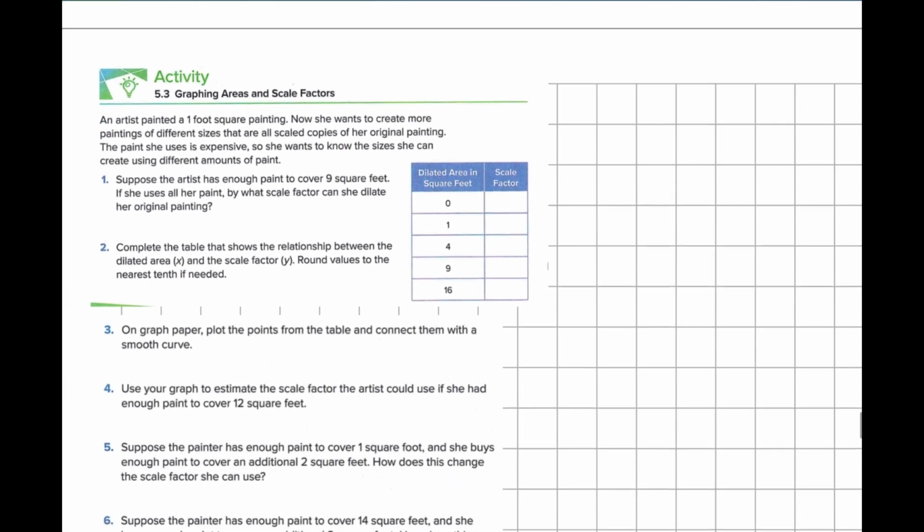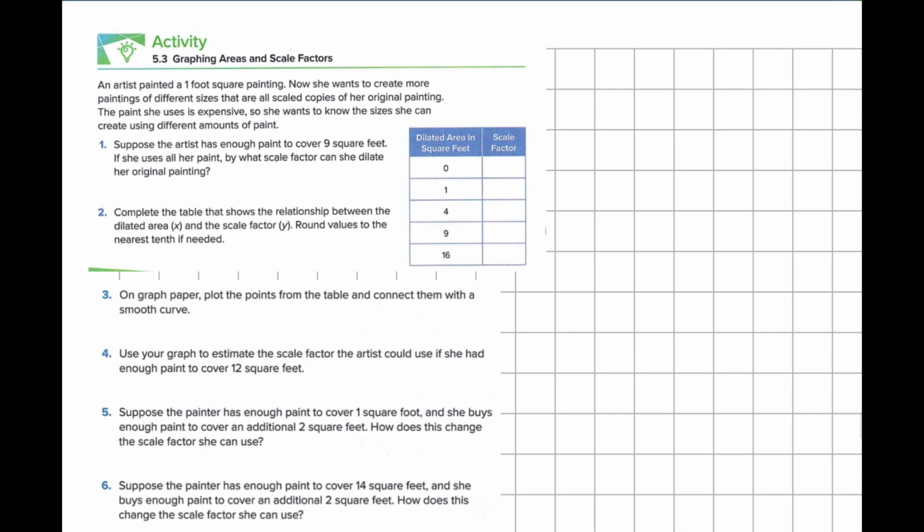Okay, come on over to this third activity. It says an artist painted a 1 foot square painting. So if this is a 1 foot square painting, there we go, she painted that painting. Now she wants to create more paintings of different sizes that are all scaled copies of her original painting. So they will still be squares, they're just not going to be the same size.